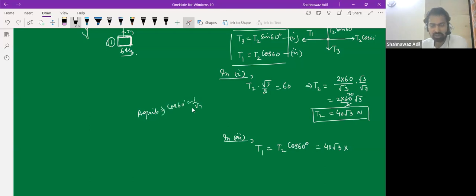Everyone, do you agree with 1 by 2? Rishita, Ilham, and Amna are saying 1 by 2.